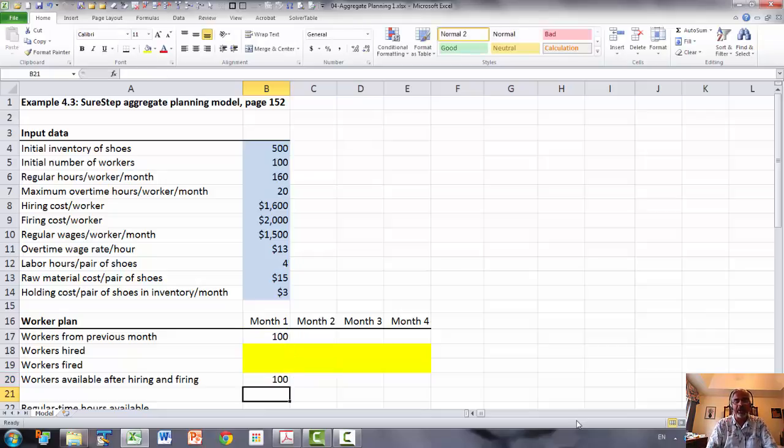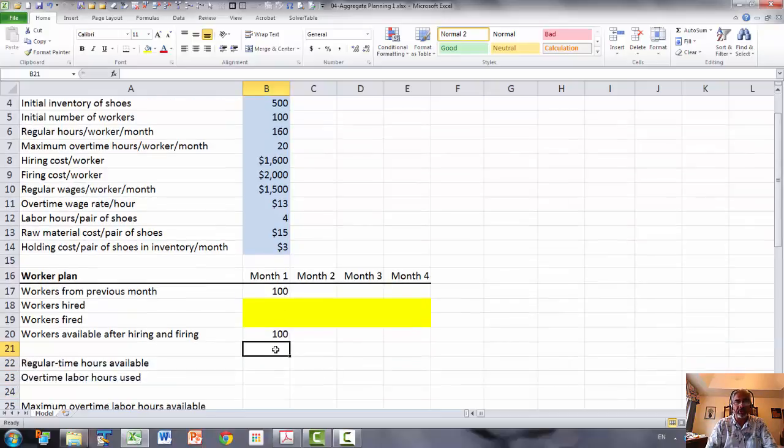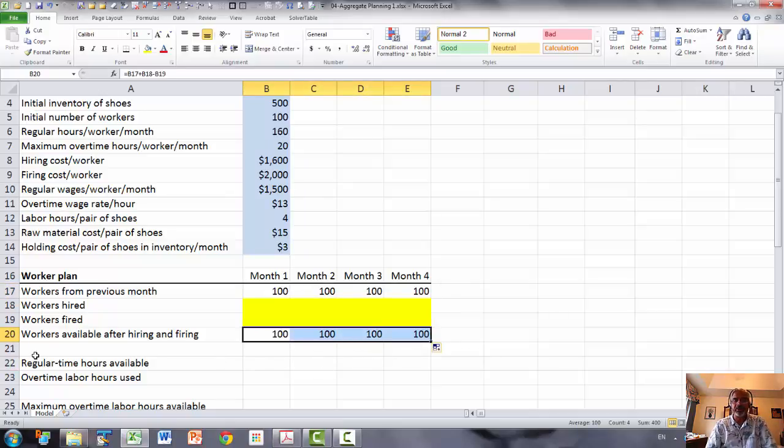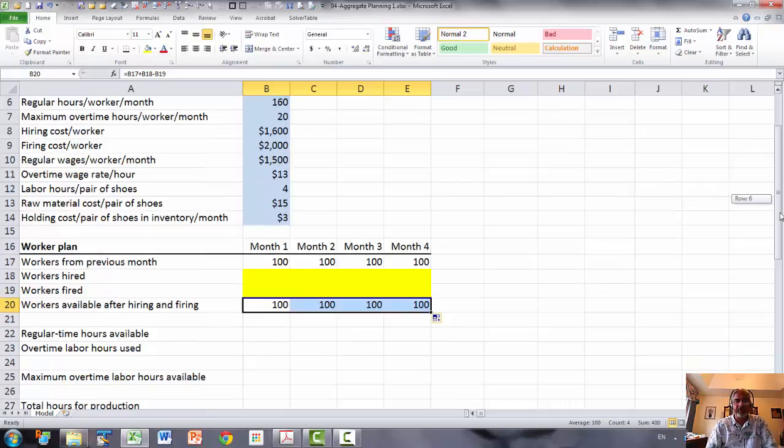So we will end up with this many workers after hiring and firing, and those workers will contribute to the production time. In month 2 we begin with the number of workers we had in month 1. Now we can copy that. Then we have the number of workers completed.